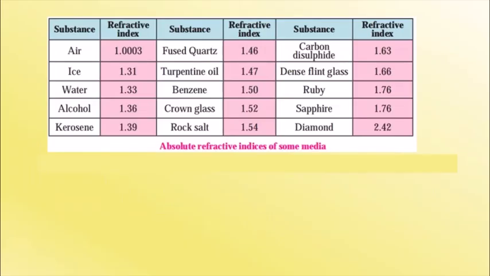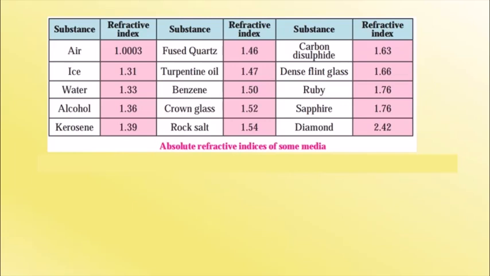In this table, refractive indices are given for a few substances like air, ice, water, alcohol, kerosene. All these refractive indices are fixed and you just have to use the quantity given here and then calculate using the given formula.